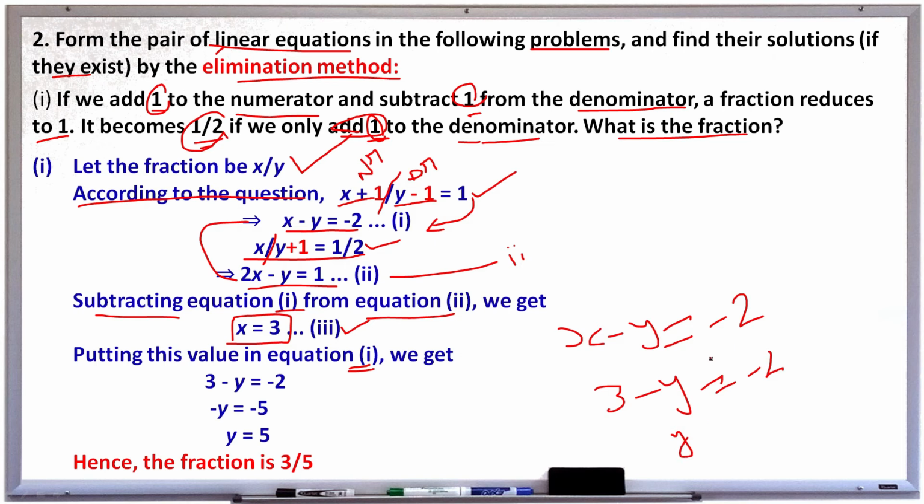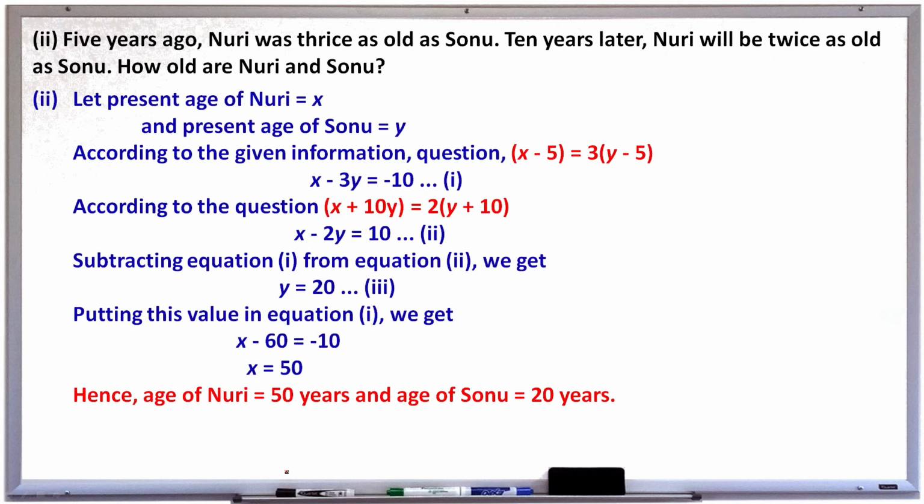So y you can bring to the right hand side, it will become plus y, and minus 2 when you bring to the left hand side, it will become plus 2. So 3 plus 2 will become 5. So y is equal to 5. So numerator 3 and denominator 5. So x is equal to 3, y is equal to 5, and we got the fraction 3 by 5.